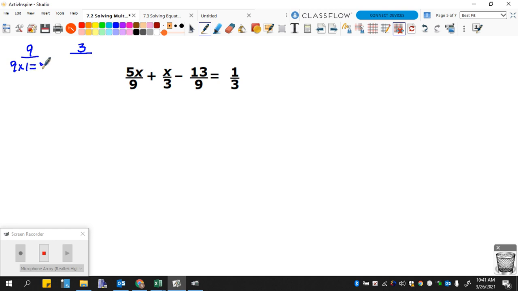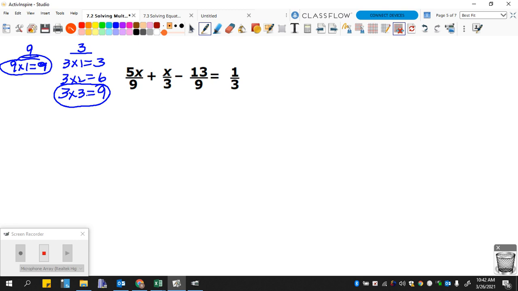Okay, so we stop right there. All right, 3 times 1 is 3. 3 times 2 is 6. 3 times 3 is 9. So we see here 9 is the least common multiple of both 3 and 9.